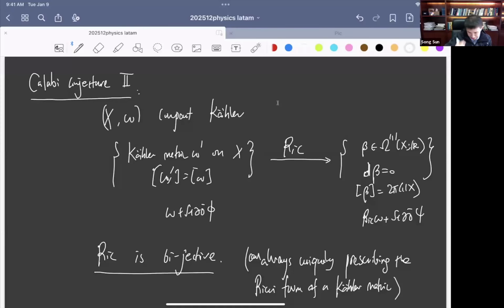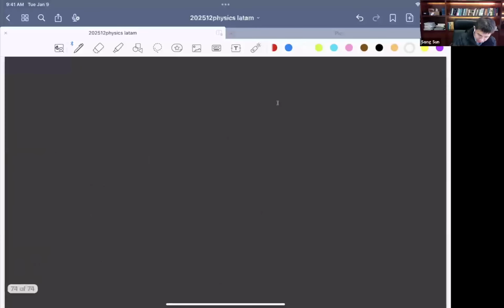Okay, so I talked about the first two cases of the Calabi conjecture, and now the last case, when lambda is positive, the final case. On the one hand this is more complicated, more difficult, but on the other hand it's actually more interesting.